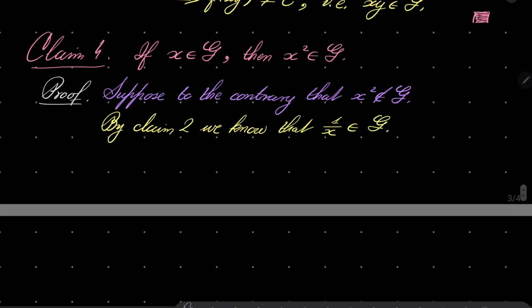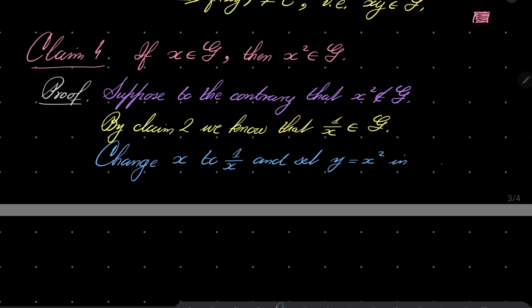And let's take a look at our equation and now change x to 1 over x and set y to be x squared in our condition asterisk, our very first functional equation.